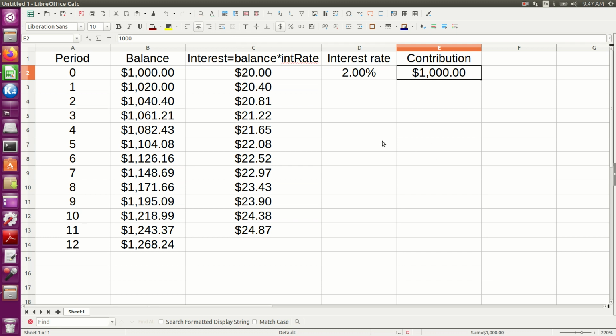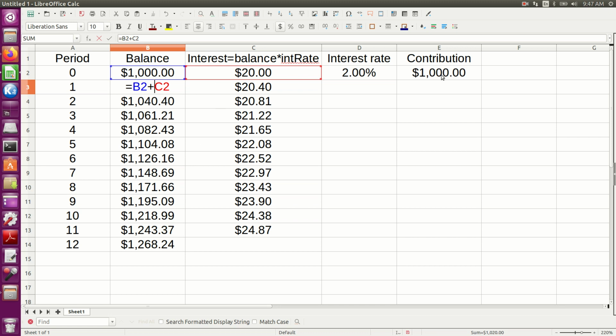So now when we look at our new balance, what happens each period is, let's look here, we have our balance, and that balance was our previous balance plus our interest on that balance. We have that computed each time, and we know that works.